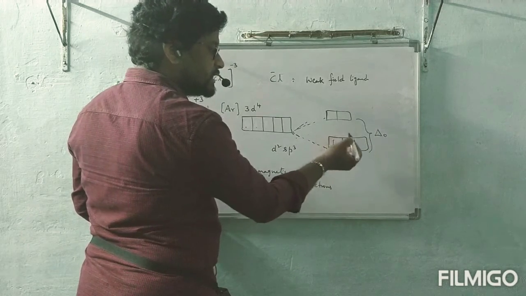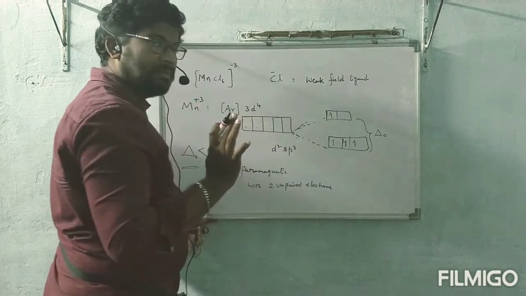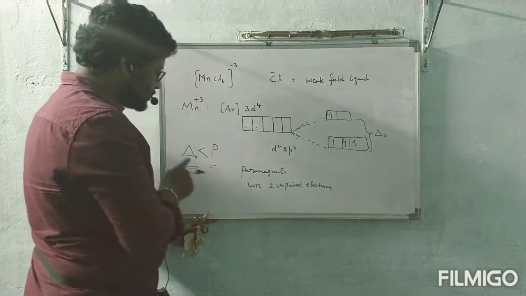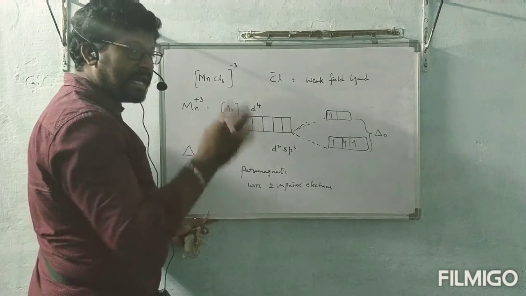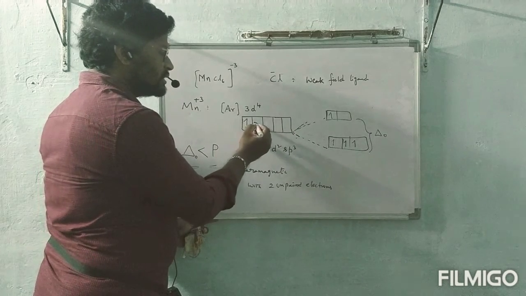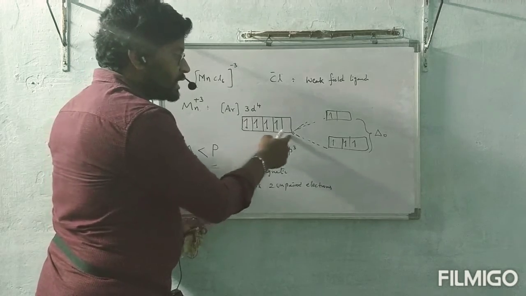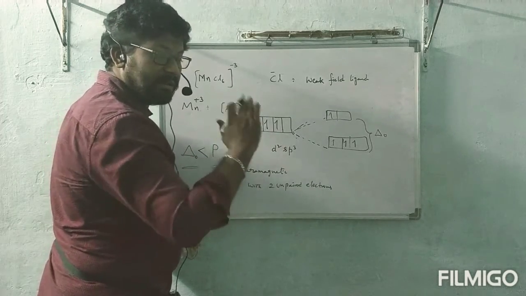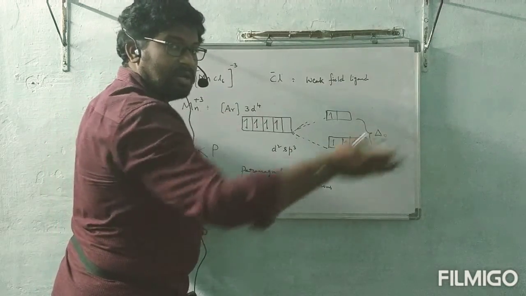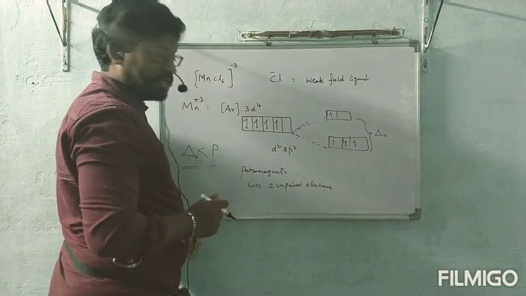The 4th electron, instead of pairing, will enter the 4th orbital alone by following Hund's rule. Because delta naught is smaller, it can enter that 4th orbital easily. So we will write the electronic configuration as 1, 2, 3, 4. Two orbitals at a time are not available, so it will use 4d orbitals. This is an outer orbital complex.